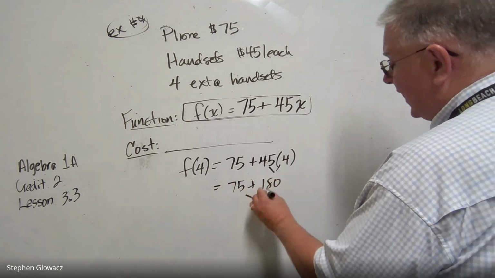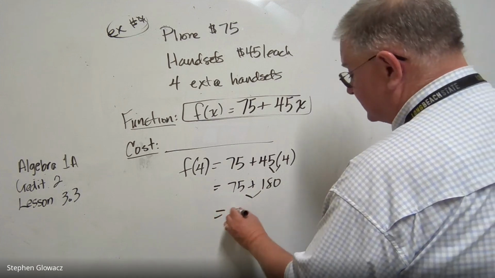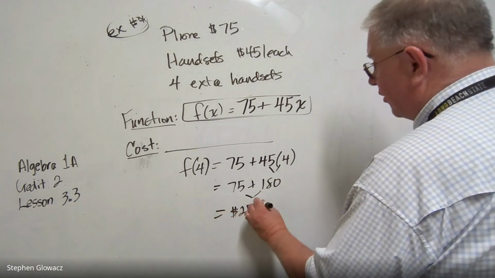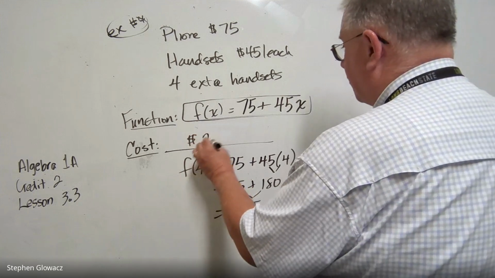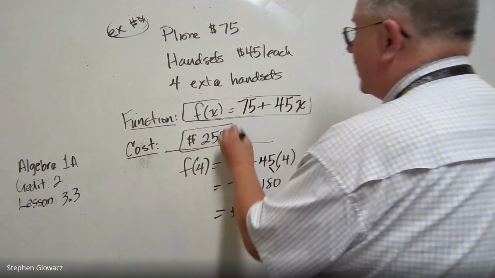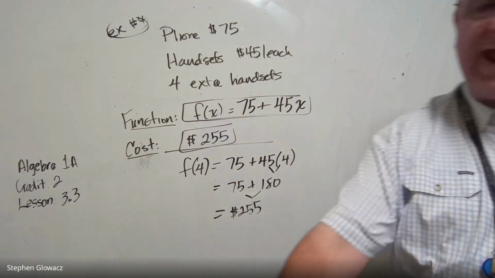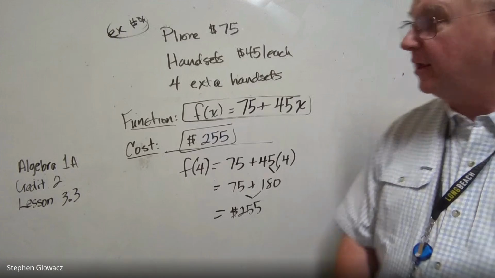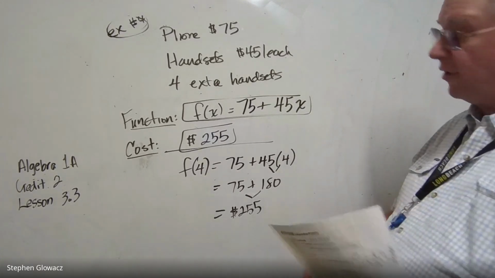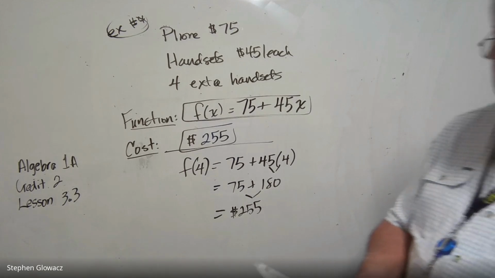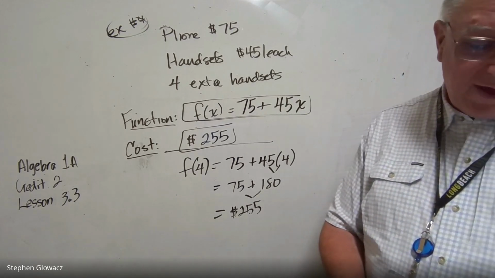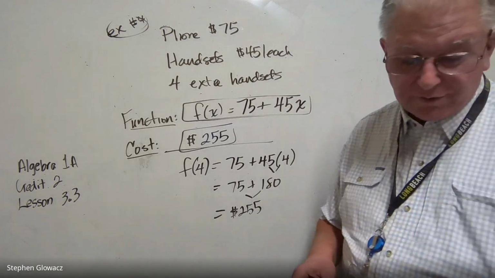And we add that 180 to the 75, and that comes out to be $255. So the cost for a phone and 4 extra handsets would be $255.